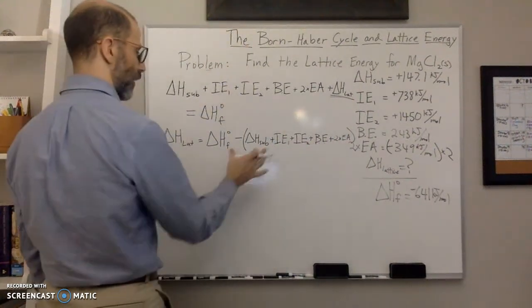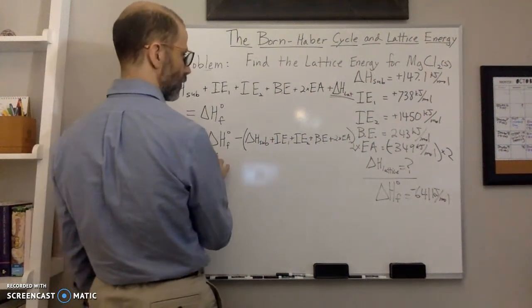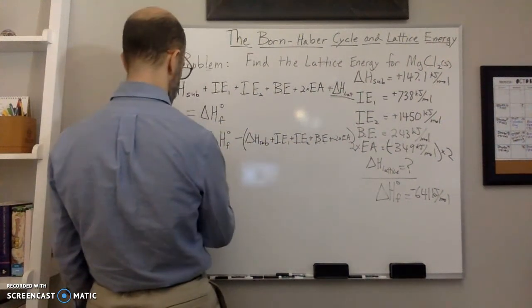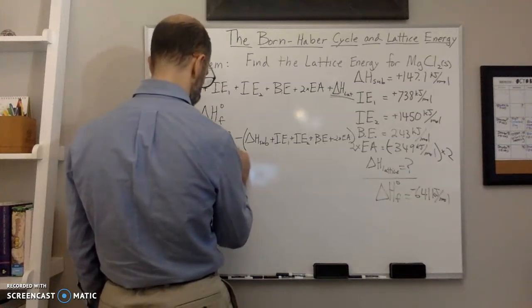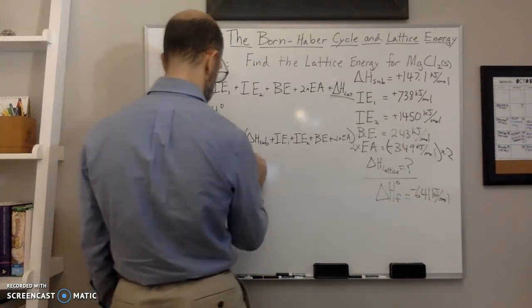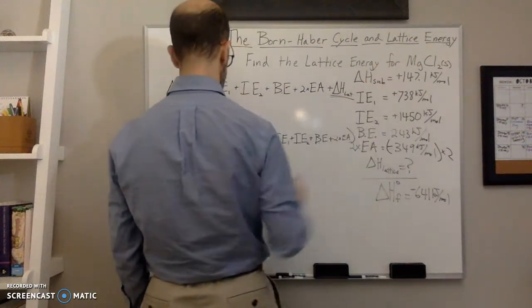Okay. So then all I need to do is plug in the values here. This is equal to negative 641 kilojoules per mole minus, and then I have these.